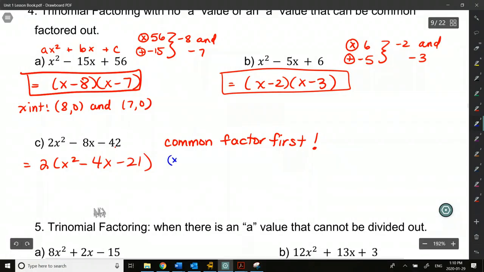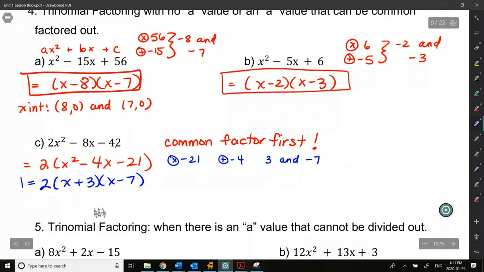So I can find two things that multiply to -21 and add to -4. 7 and 3, -3. Close? 3 and -7 works. So keep your 2 out front, and then it would be x plus 3, x minus 7.